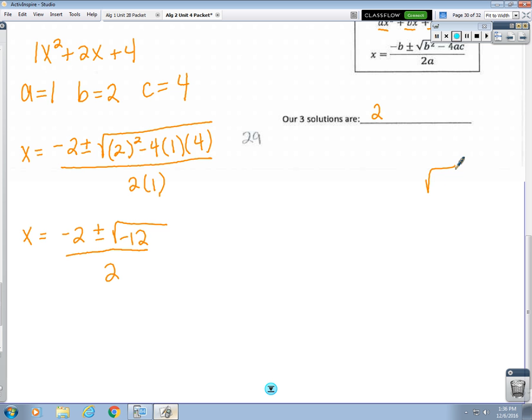This can be reduced by factor tree. 4 times 3, 2 times 2 times 3. So circle, kill 1, kick 1 out, and 3 goes back inside. So instead of negative 2 plus or minus the square root of negative 12, it's now negative 2 plus or minus 2i root 3.